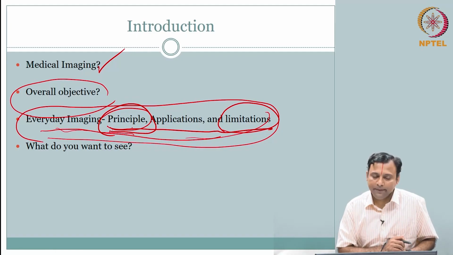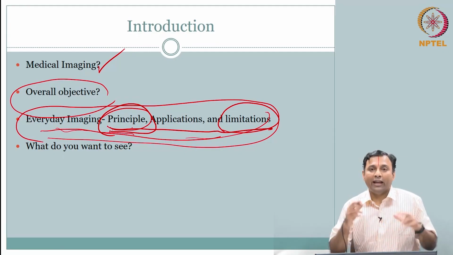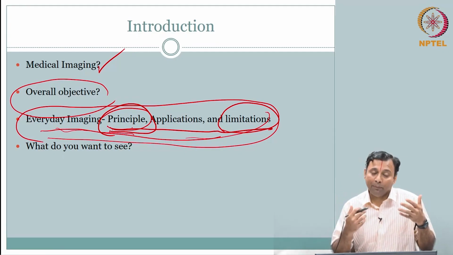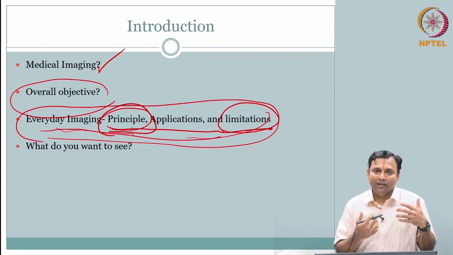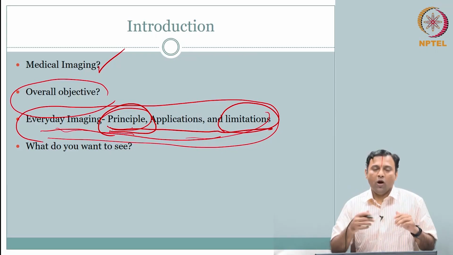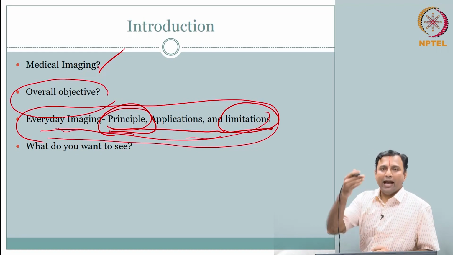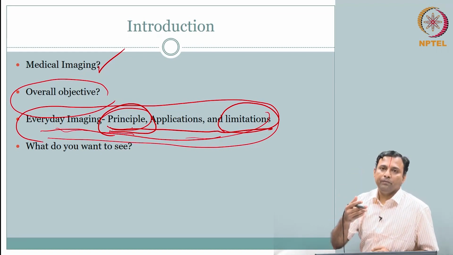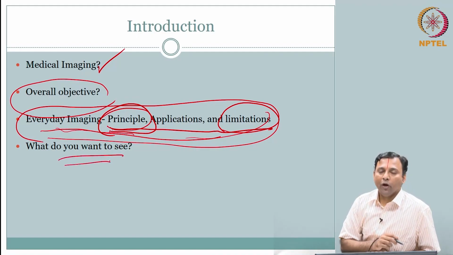One way to think about it is, I want to visualize any parameter; the parameter itself could have some units, but I want to visualize it as an image. So how do I visualize the distribution of that parameter as an image? That is what I mean by what do you want to see.